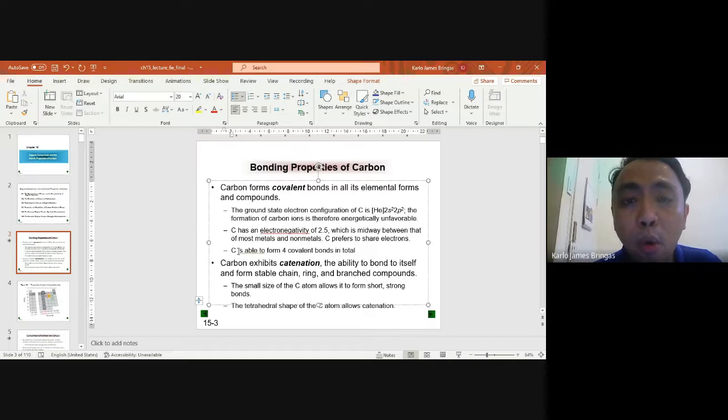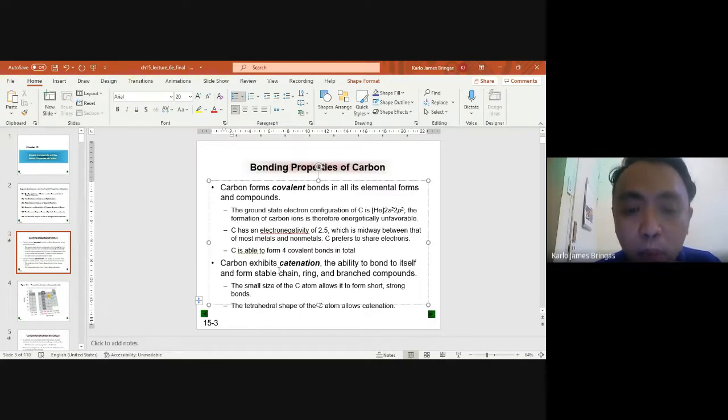Now, our carbon, when it forms its chemical bonds with other carbon atoms, it's able to exhibit catenation. So this is the ability to bond to itself and form a stable chain, a ring, and branch compounds.